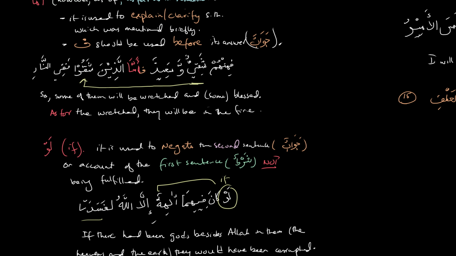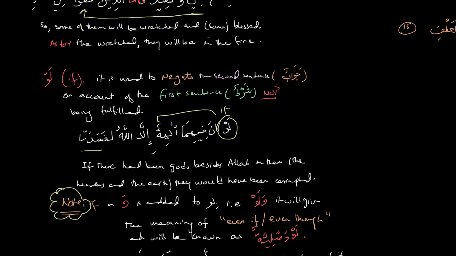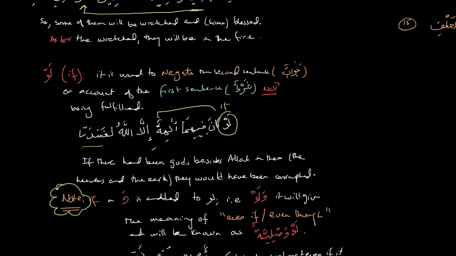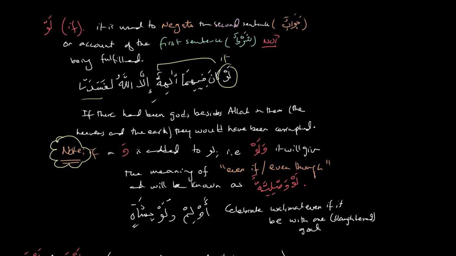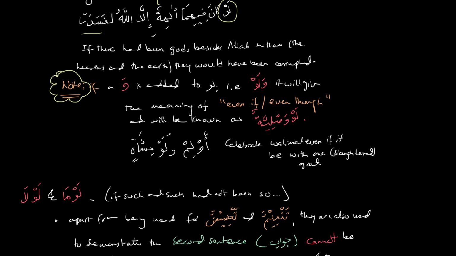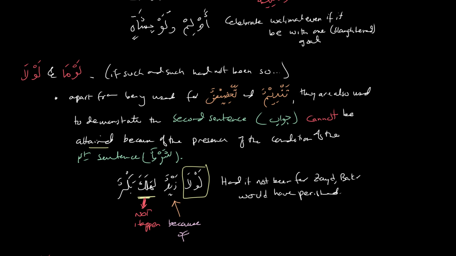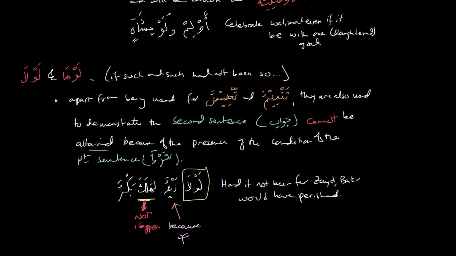And then lo, which means if, is used to negate the second sentence on account of the first sentence. If a vowel is added to lo, walau, it has the meaning of even if. This is called lo wasliyyah. And then they have lola and lawma, which can be used for tahdid and tandim, but can also mean if such and such.